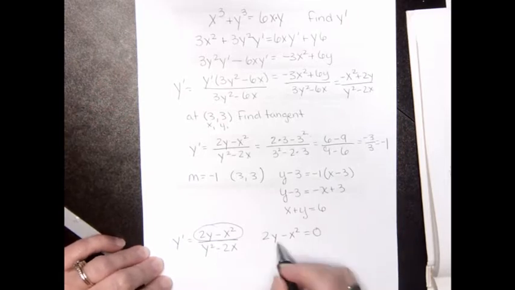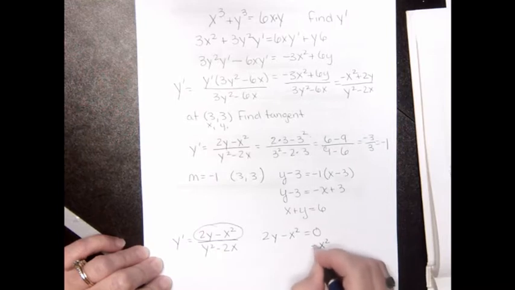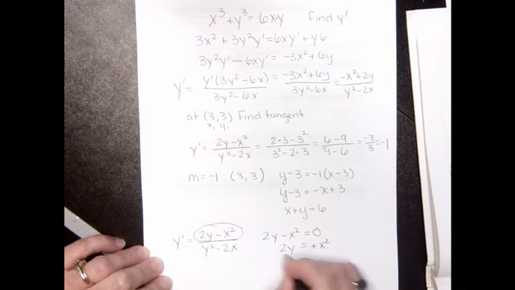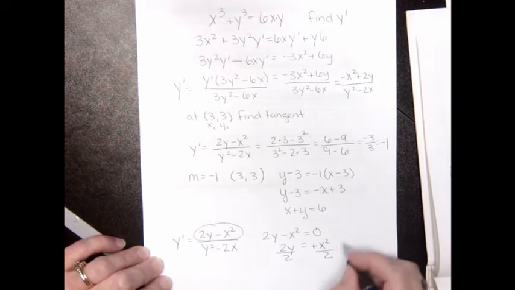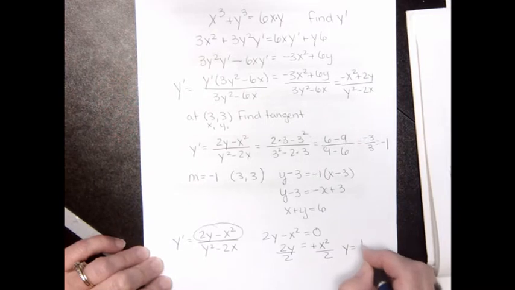And I'll solve for y. Well, it's going to be positive. Watch when I move things from left to right. Divide by 2. Okay, so it looks like it's going to be 0 when y is equal to 1/2 x squared.